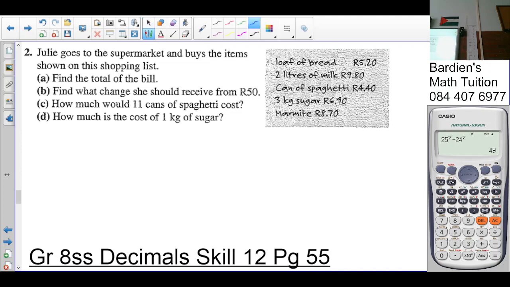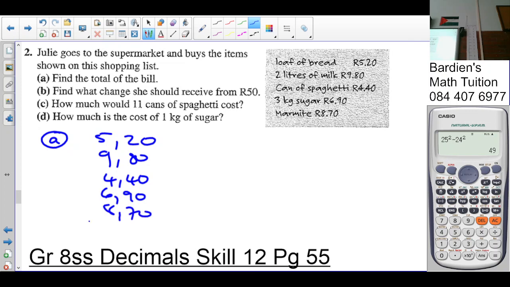So in other words, you must add it all up. So it's going to be 5,20 plus 9,80, can of spaghetti 4,40, 3 kilos sugar 6,90, Marmite 8,70.